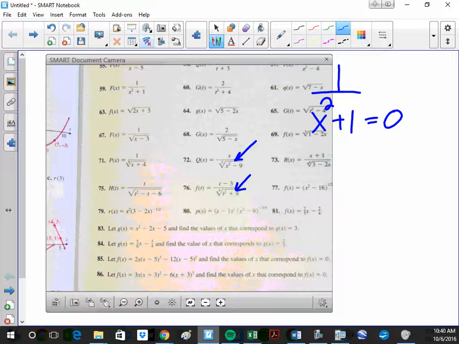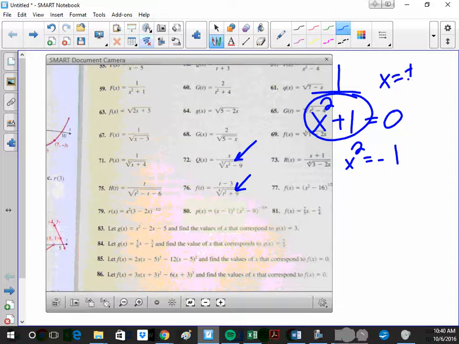Well, if we subtract 1, I get x squared equals negative 1. When does x squared equal negative 1? Nowhere on the real number line. The roots of this polynomial are plus or minus i, which are not real numbers. So there is no way using real numbers to make the denominator equal 0, so the domain would be all real numbers.